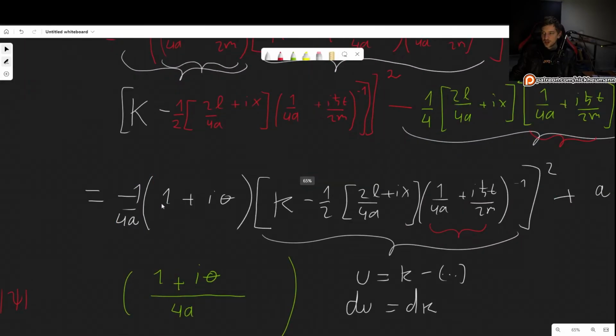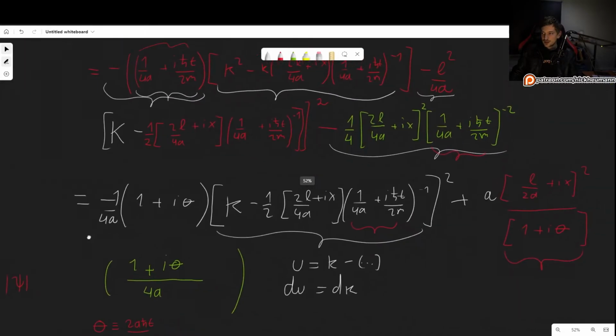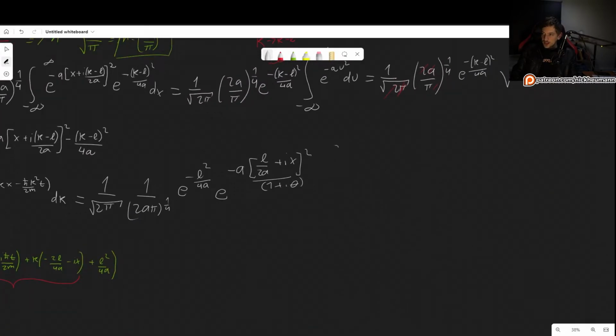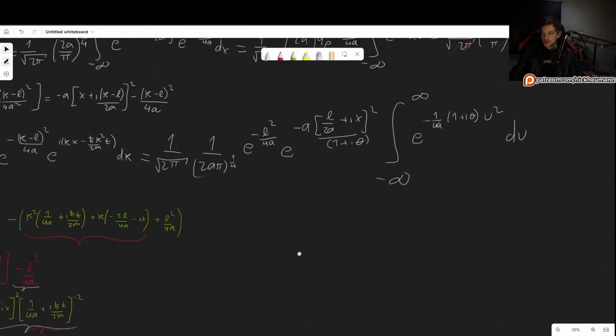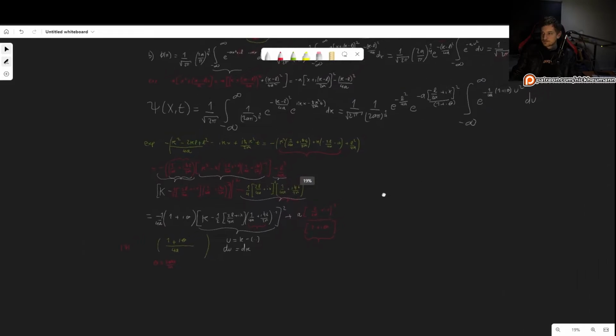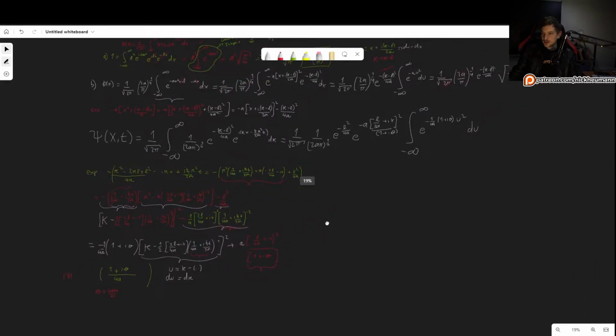Okay, so those are our constants. And then we have to plug in this thing into our integral. So it's going to be integral from minus infinity to infinity of e to the minus 1 over 4a times 1 plus i theta times u squared du. Now I'm just going to double check because I don't want to make any dumb mistake at this point. Yeah, that's correct.